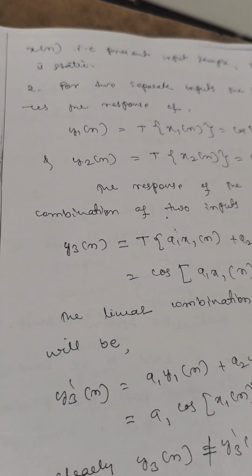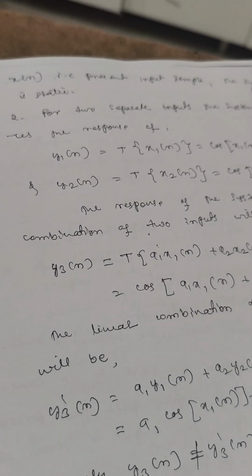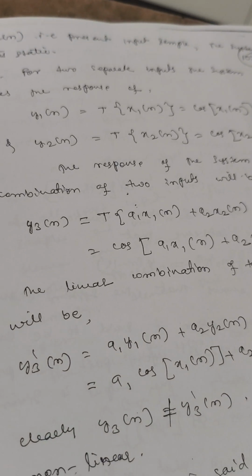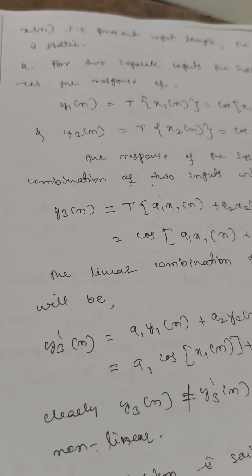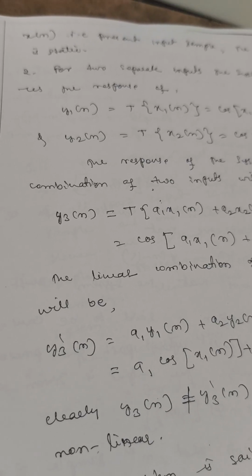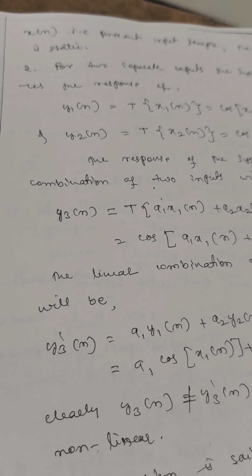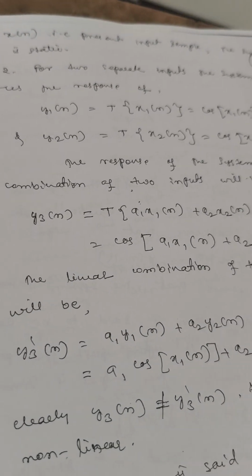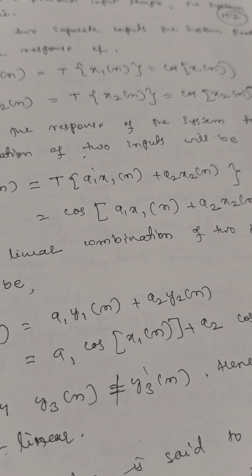Then apply the formula for y3 of n, which I have already discussed: the response of the system to a linear combination of two inputs. y3 of n is the function of a1 x1 of n plus a2 x2 of n.